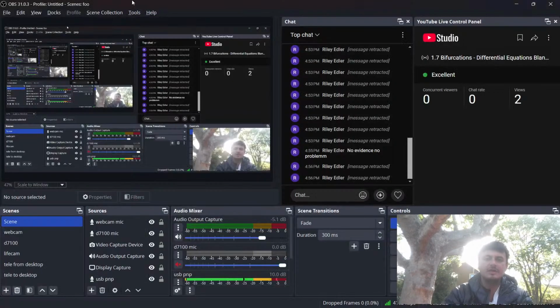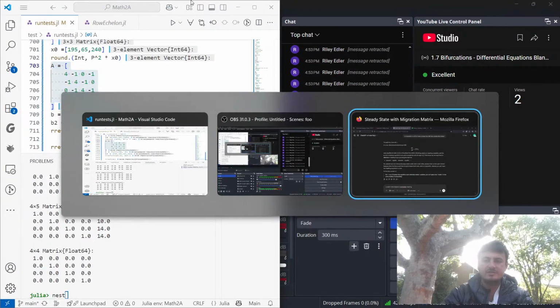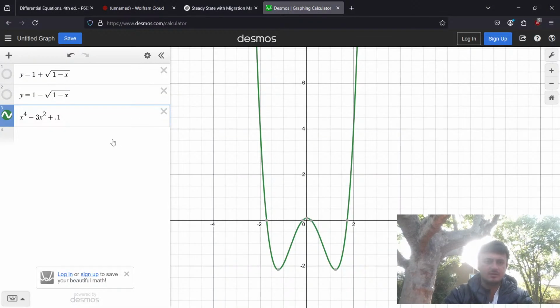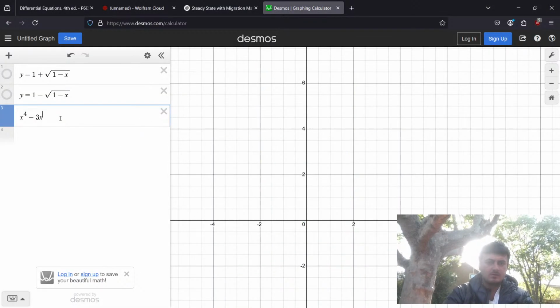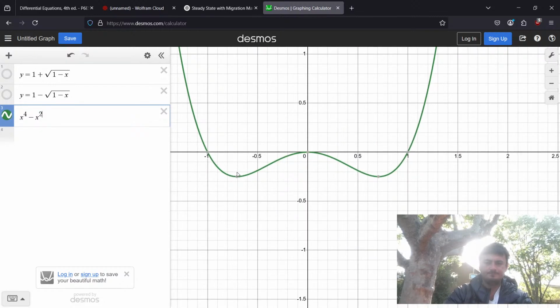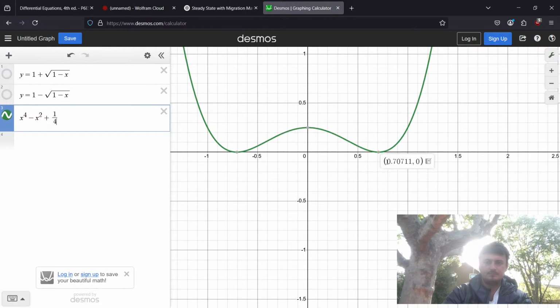You can totally have two semi-stable nodes next to each other. This is two semi-stable nodes.